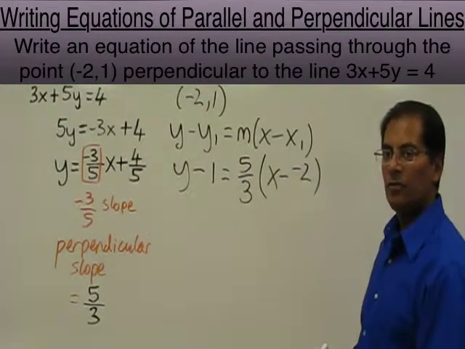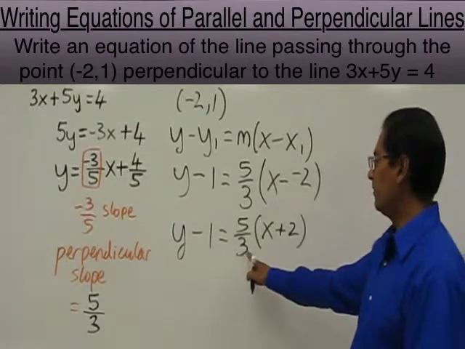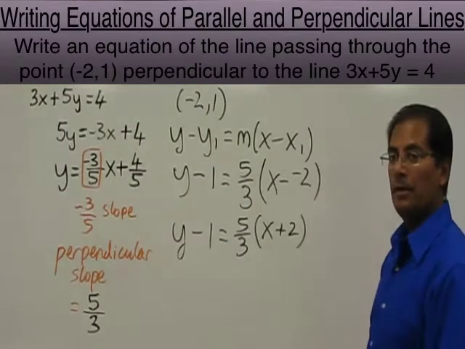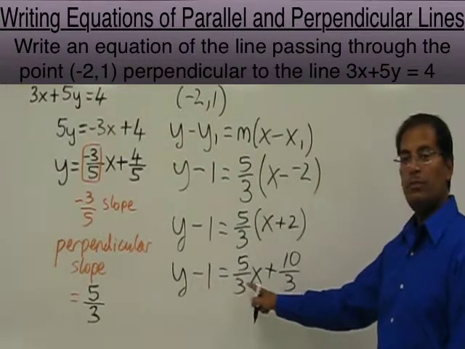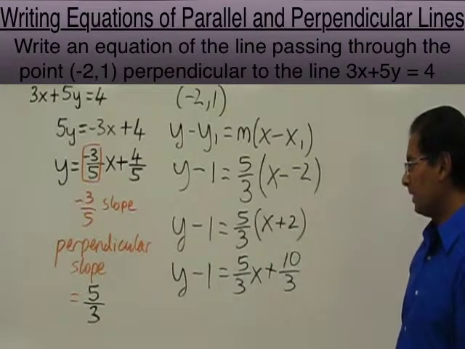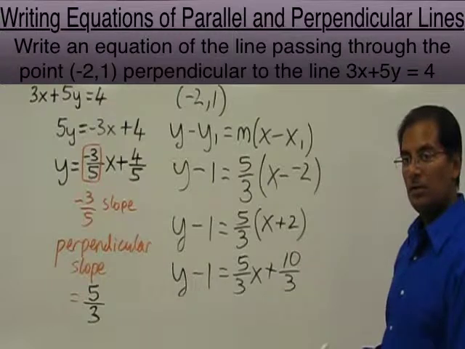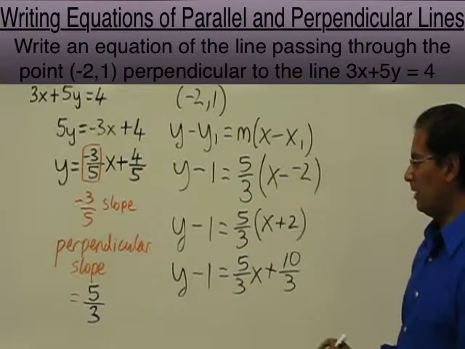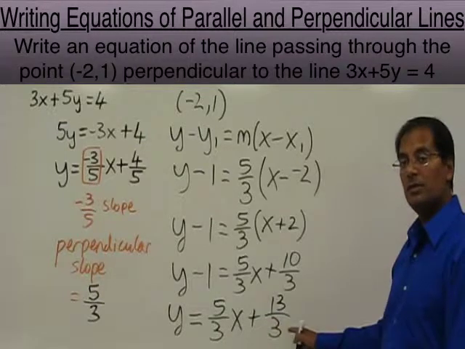And now we can simplify this to get y minus 1 equals 5/3 times x plus 2. And further simplification gets y minus 1 equals 5/3 x plus 10/3. 2 times 5/3 is 10/3. And then we add the 1 to both sides, but 1 is the same as 3/3. So if we add 1 to both sides, we get y equals 5/3 x plus 13/3.